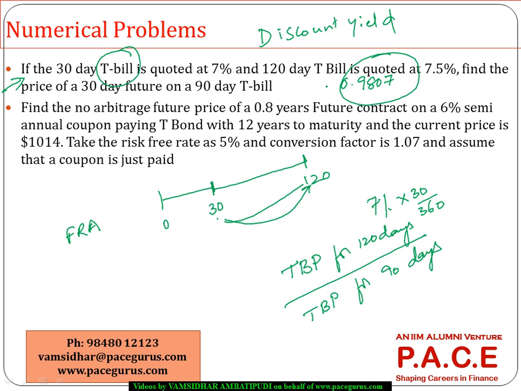These are some of the most common examples, and with respect to equity futures, stock index futures or currency futures, the numericals and calculations are going to remain more or less the same as those of the forward. So just on a differentiating note, these are some of the most common elements with respect to futures contracts.